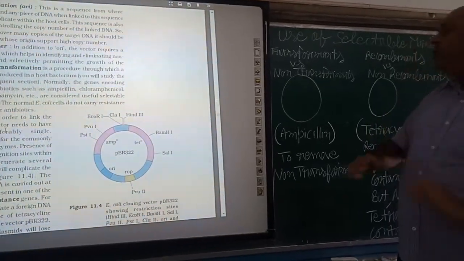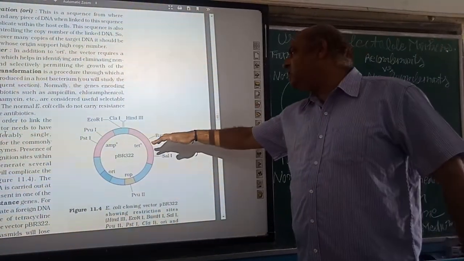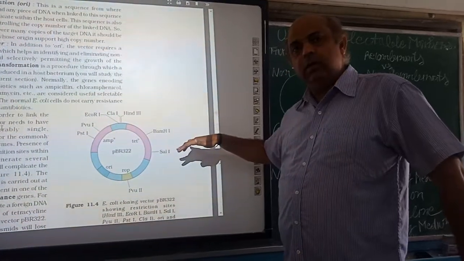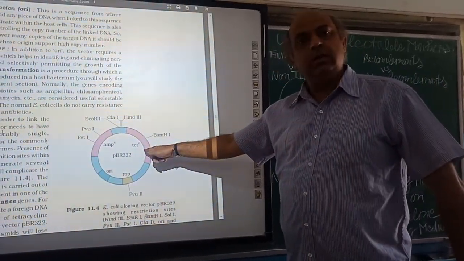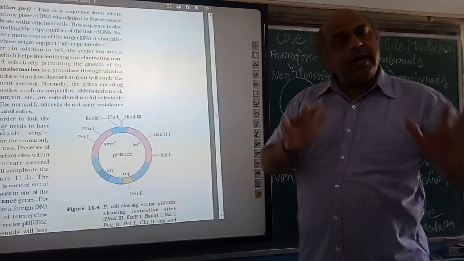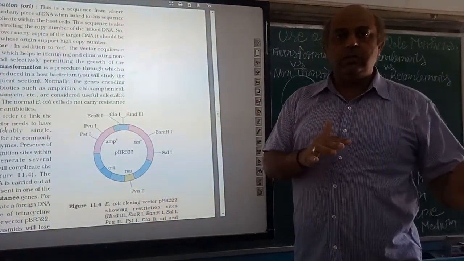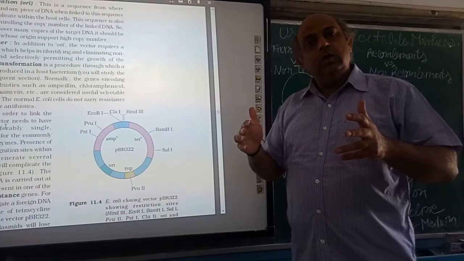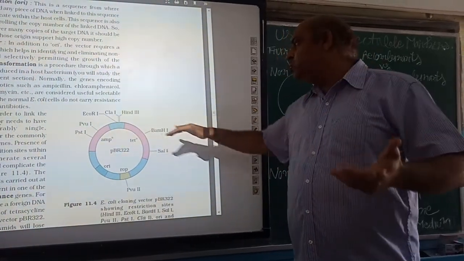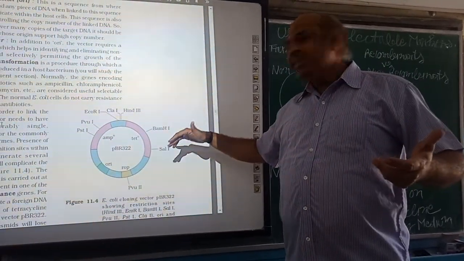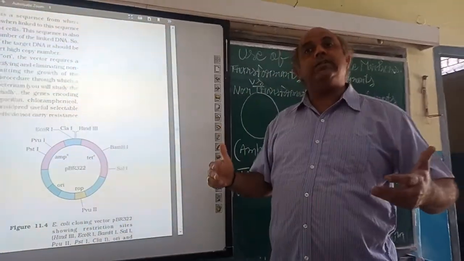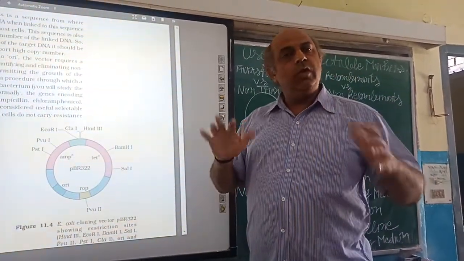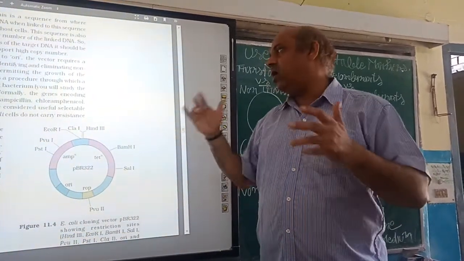In this case, when we use the restriction enzyme BamHI, we use this gene to differentiate whether recombinant DNA is formed or not. In other words, if we use BamHI, then the tetracycline resistance gene is helping us to know whether recombinant DNA is formed or not.